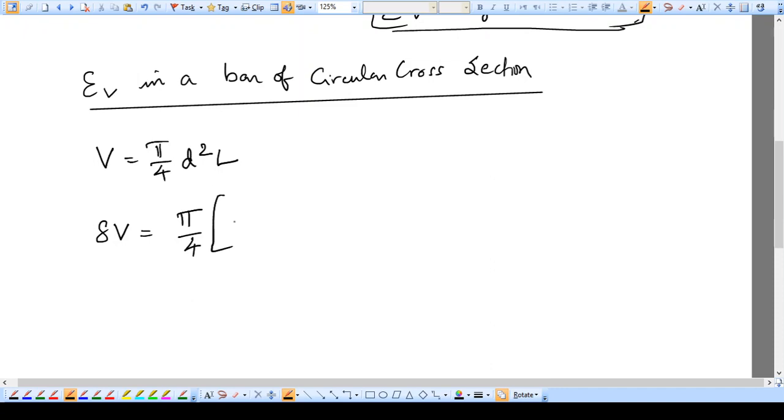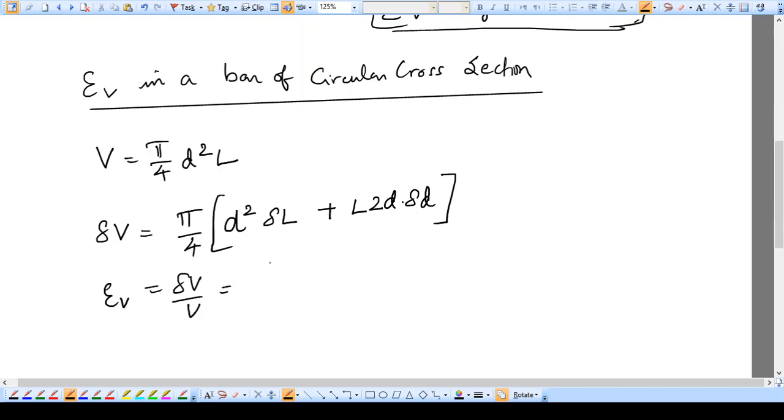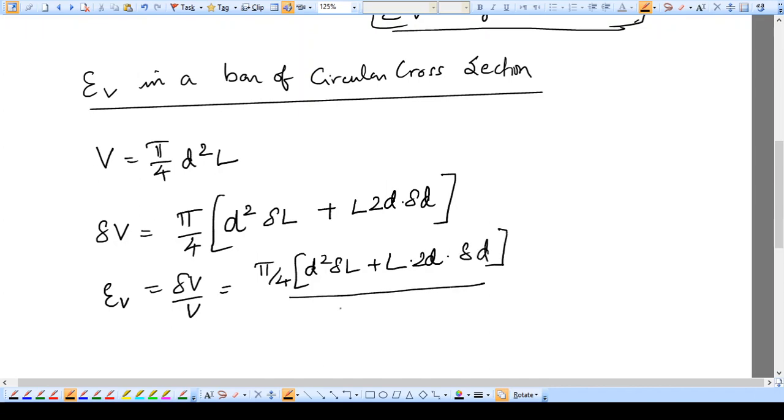I am differentiating L. So if you differentiate L, I will be getting del L. Now I am keeping L as constant and differentiating d square. D square differentiating will give 2d into del D. So the volumetric strain is given by delta V by V. This is equal to pi by 4 d square delta L plus L 2d into delta D divided by pi by 4 d square L.